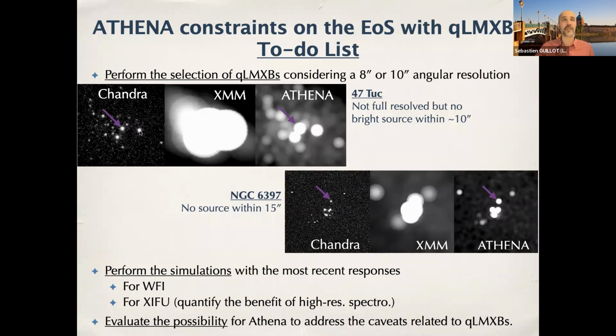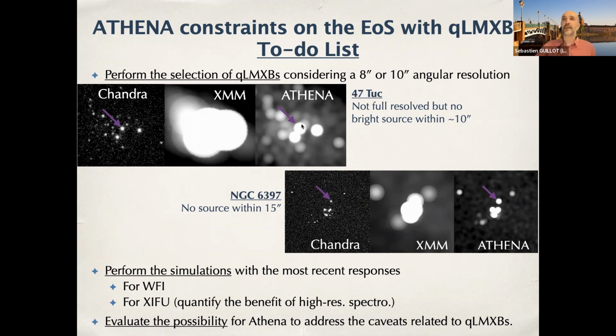This one is another one as well. I downgraded the resolution basically to XMM, and this was 5 arcseconds. That source, if you degrade it to 8 or 10 arcseconds angular resolution, will probably not be resolved. There are other sources nearby, although they are not too bright. So maybe there are ways around it.